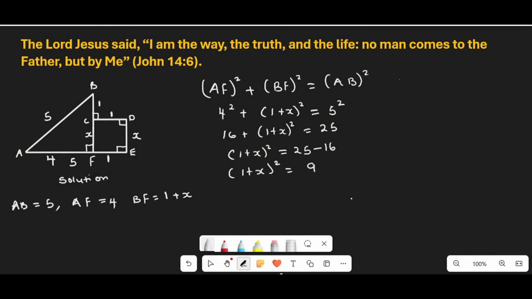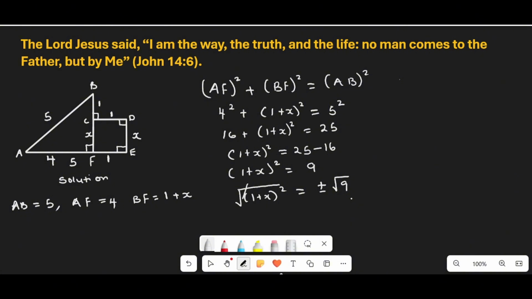So we are going to have square root of 1 plus x squared equal to plus or minus root 9.